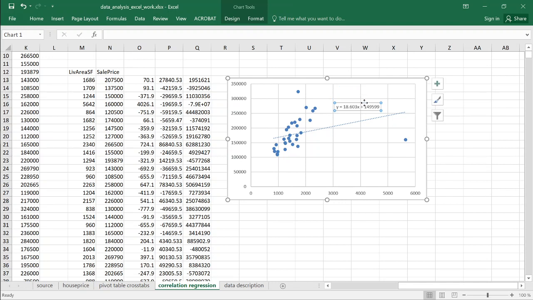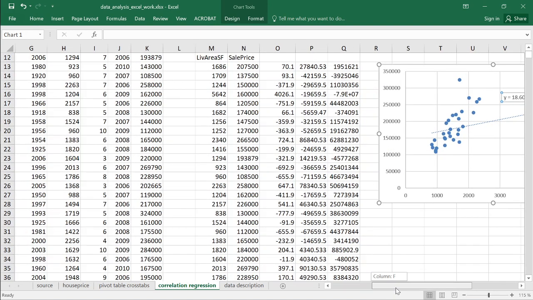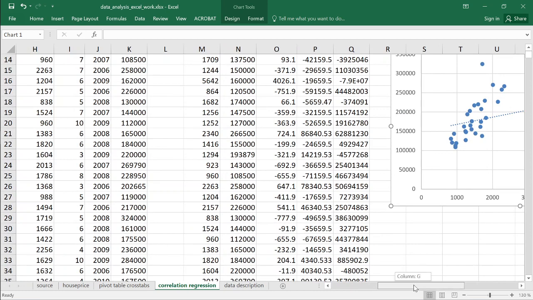One coefficient, the so-called constant term, shows us where that regression line hits the vertical axis, so about 150. And 18.6 is the more interesting number here, which is the so-called slope.